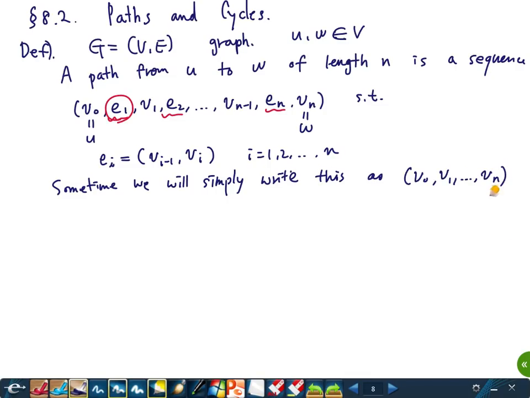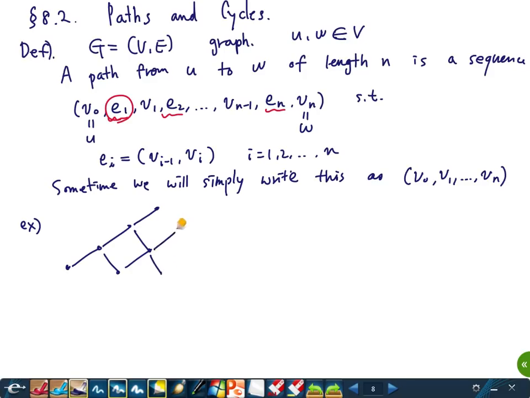Then it should be understood that there is an edge between each consecutive pair. If it's a simple graph, this has enough information. Okay, let me show you an example. This example should make it clear.